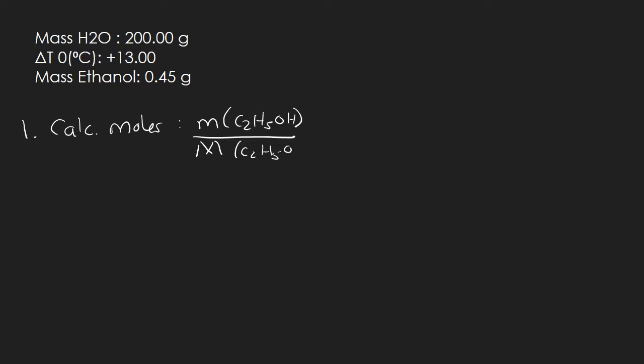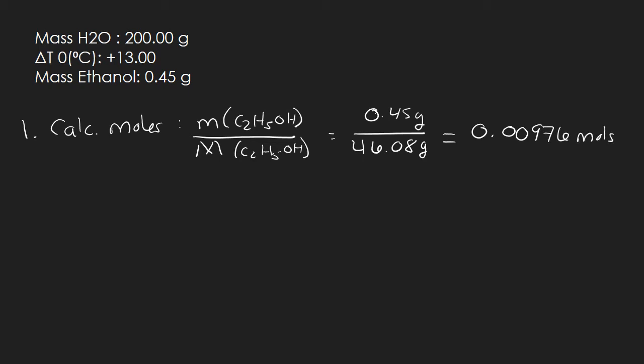Remember this calculation setup that you have done previously. We know we are reacting 0.45 grams of ethanol in the reaction. The molar mass of ethanol is 46.08 grams. Remember, you add together the atomic masses of the elements in the compound, divide the two numbers, and you get 0.00976 moles of reactant burning.